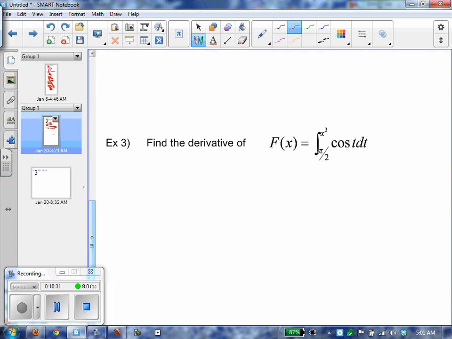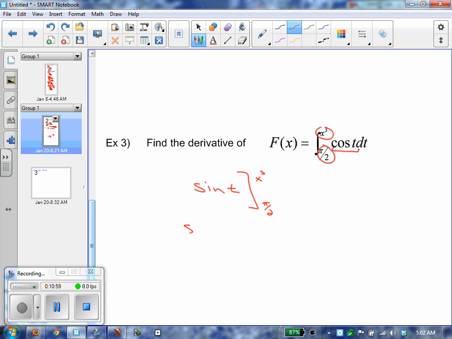Again, you're going to take the integral of the function first, and then we'll plug this stuff in. So integral of cosine of t. In other words, what do you take the derivative of to get cosine of t? Sine of t. And then I have to evaluate that from pi over 2 to x cubed.